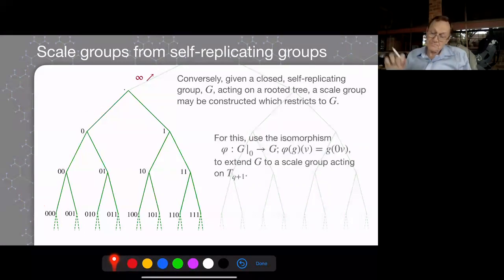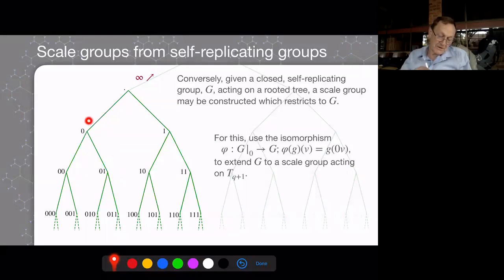And the self-replicating condition says that there's an isomorphism from the group acting below the vertex 0, so the group acting on this subtree here, back to the whole group G, and this is actually an isomorphism between the stabilizer of 0 restricted to this subtree and the full group.